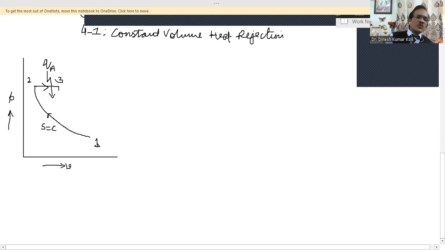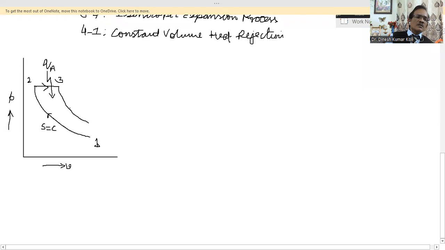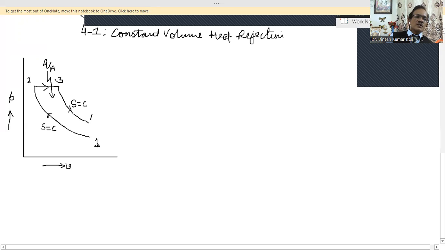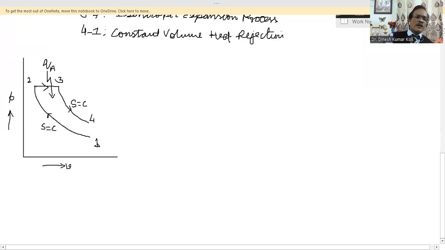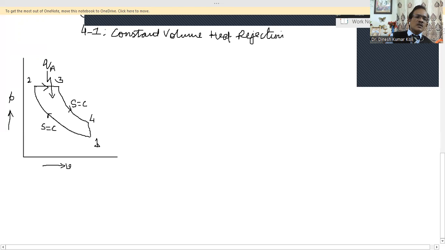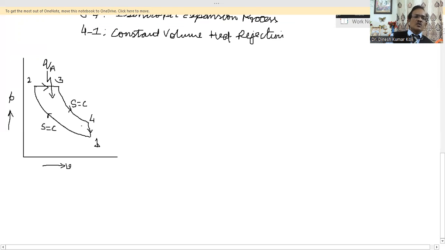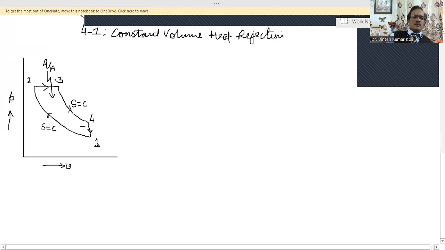Then 3 to 4 is isentropic expansion, so we write S equals constant. This point is 4. Then 4 to 1 is constant volume heat rejection.